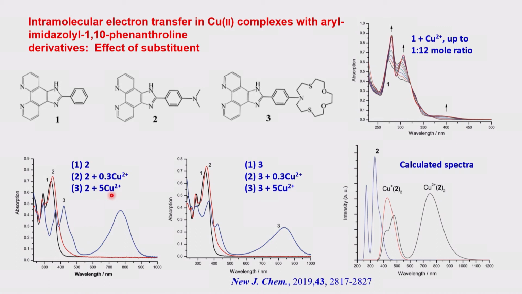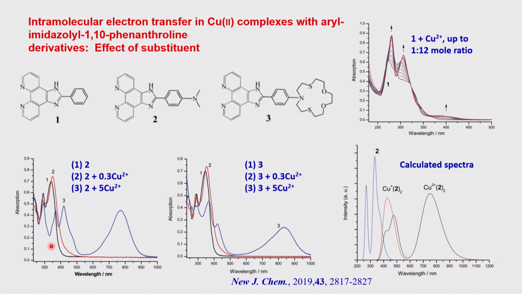In the third case there is a large excess, 5 equivalents of copper 2 plus for one equivalent of this ligand, and you start finding additional bands over here and then over here. Initially there is some interaction, because this band is changing to some extent and there is some absorbance variation here, but when you add 5 equivalents, you have a strong band here and another strong band here.